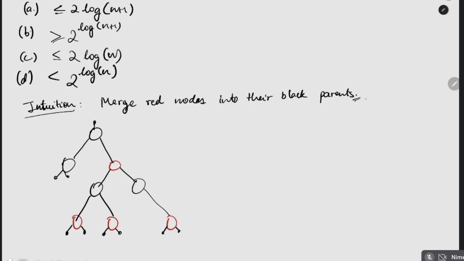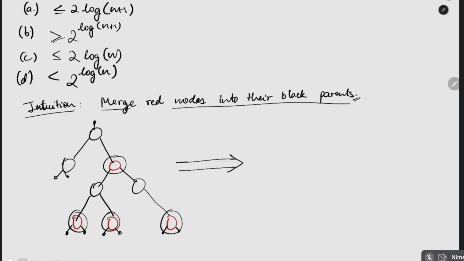So it follows basically what the properties of a red black tree. Once we have this intuition, this original red black tree turns into this tree of different numbers of leaves.